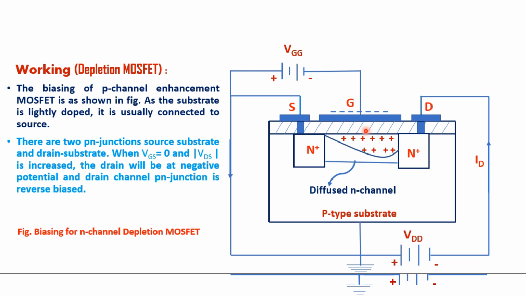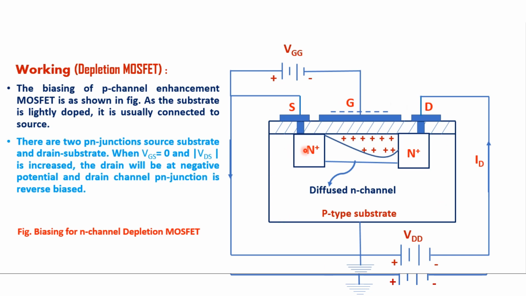So this results in a depletion of mobile electrons in the channel, causing a depletion region in the channel. The shape of the depletion region depends on the gate to source voltage and also the drain to source voltage.